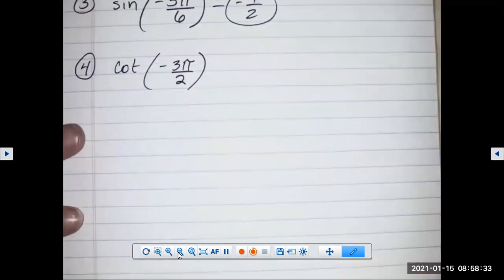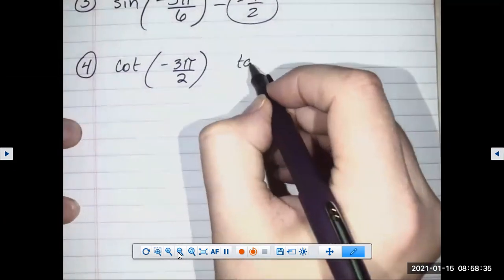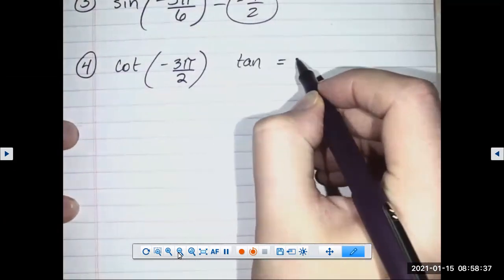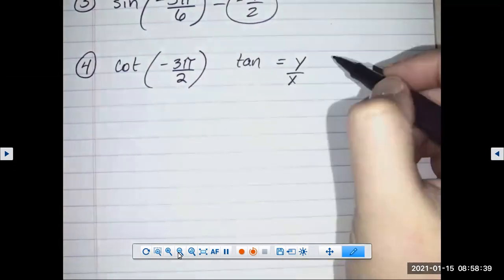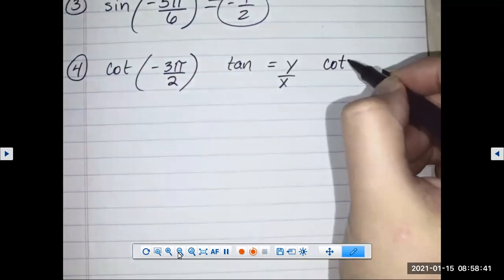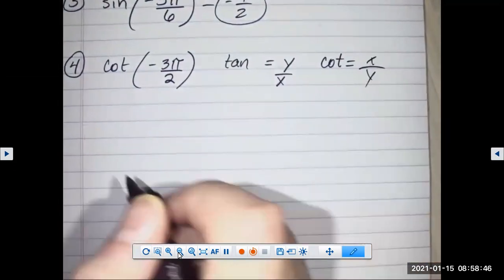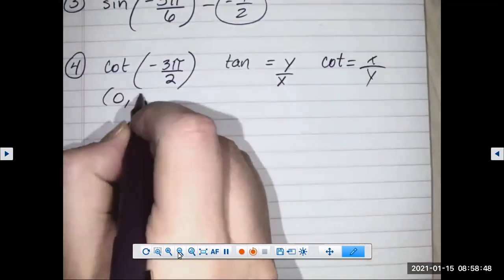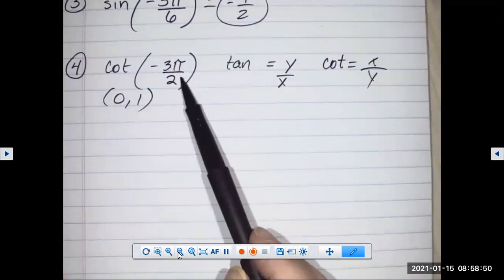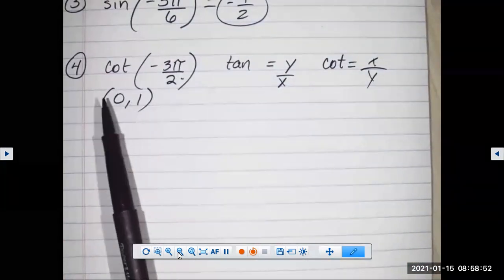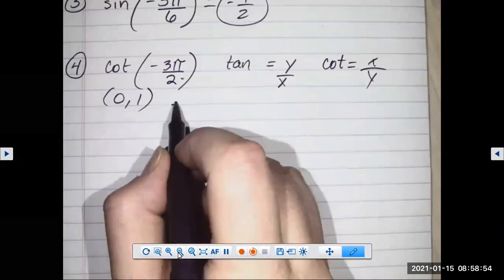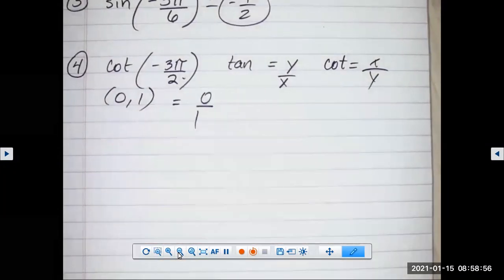Okay, I'll help you out. Tangent, you know, was y over x. So that means that cotangent is what? There you go, x over y. So if you set the ordered pair that was associated with negative 3 pi over 2 or pi over 2, 0, 1, you've got 0 is your x, 1 is your y. Whenever 0 is on top, it's 0.